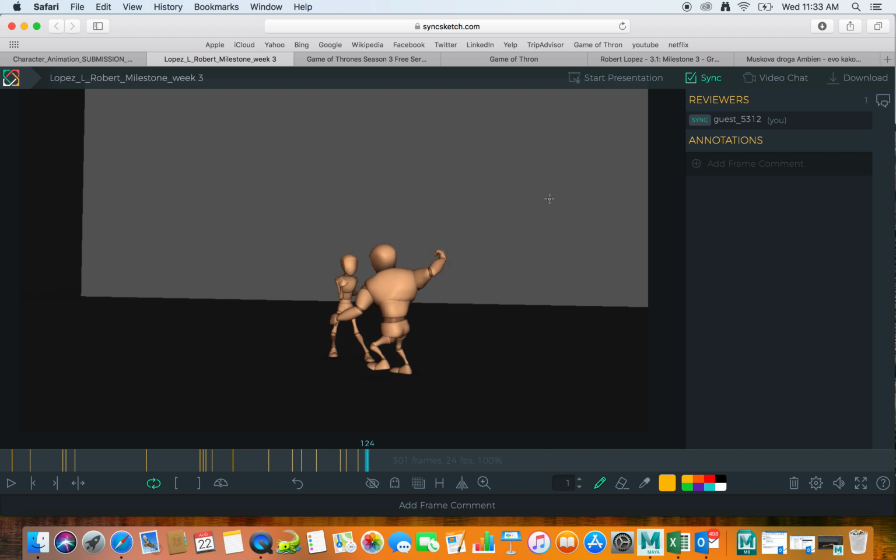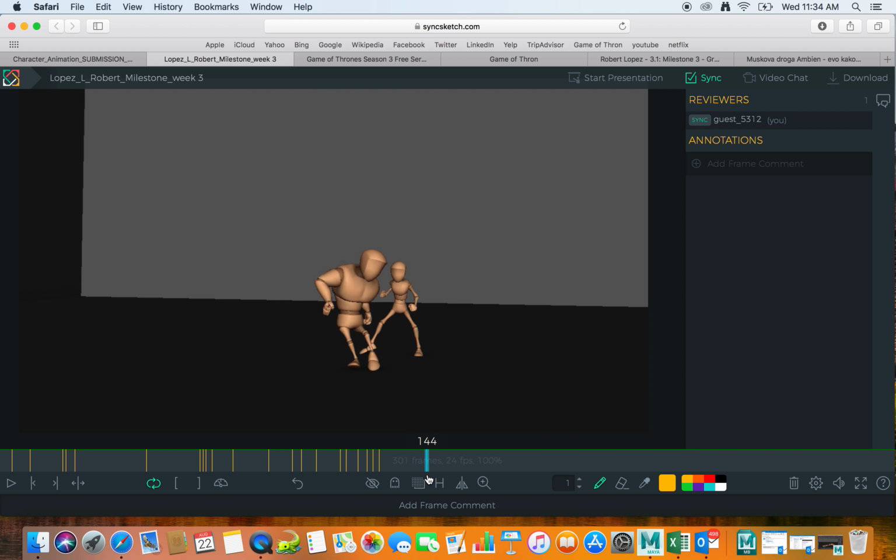And then in passing one, his foot should be faced down, and then when he puts the foot down, it should be first contact with the heel contacting the ground, and then he goes flat. So these are like a basic of the basic things to make the movement believable.